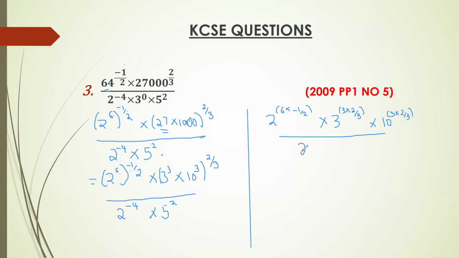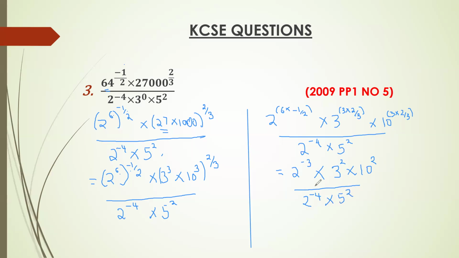2 power negative 4 times 5 power 2. So 6 times negative a half is negative 3. Now 3 times 2 over 3 is 3 power 2. 10, 3 times 2 over 3 is 10 power 2. 1 over 2 power negative 4 times 5 squared.